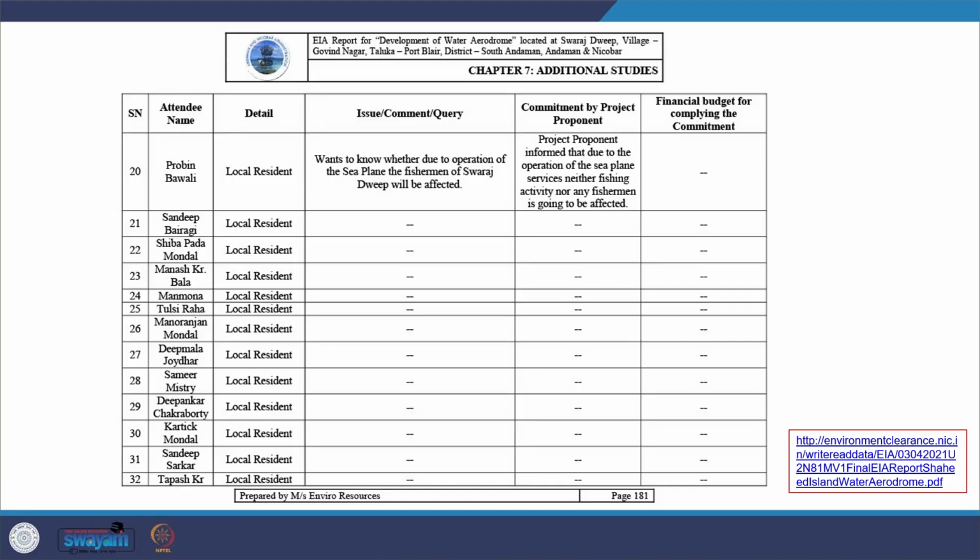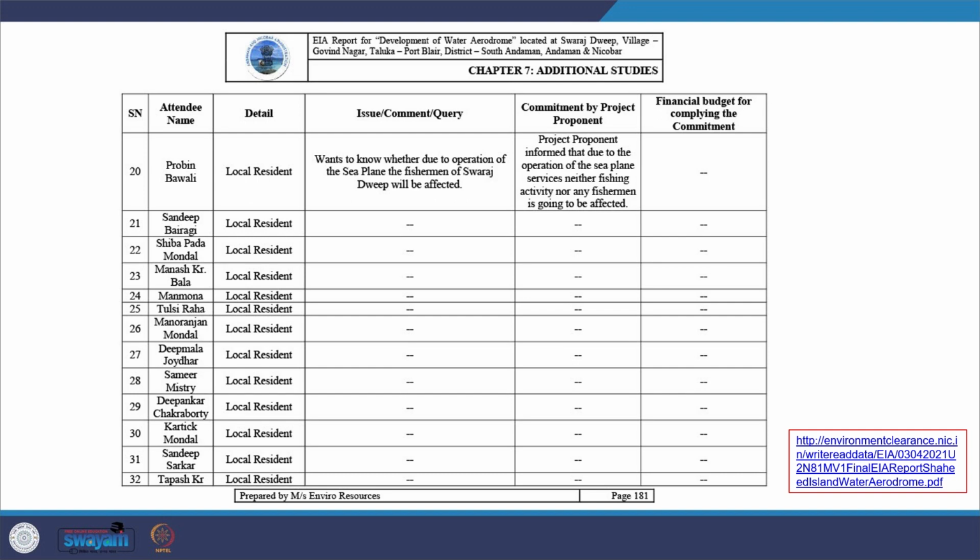So we can see one of the comments here: Probeen Bawali, local resident, wants to know whether due to operation of the seaplane, the fishermen of Swaraj Dweep will be affected. The project proponent informed that due to operation of the seaplane service, neither fishing activity nor any fisherman is going to be affected.